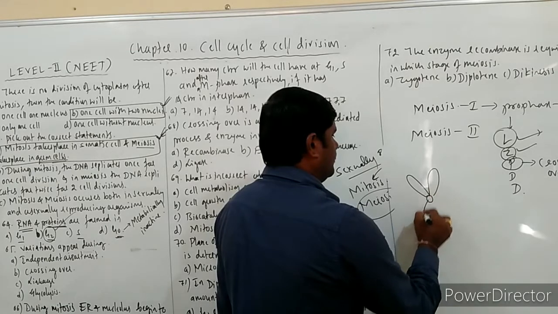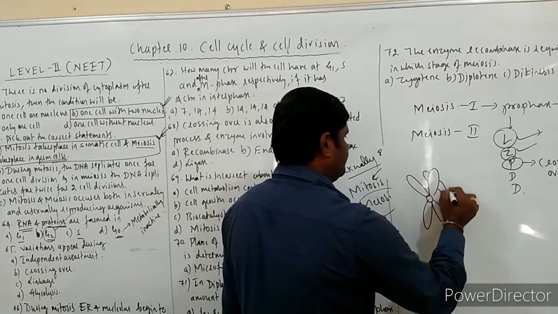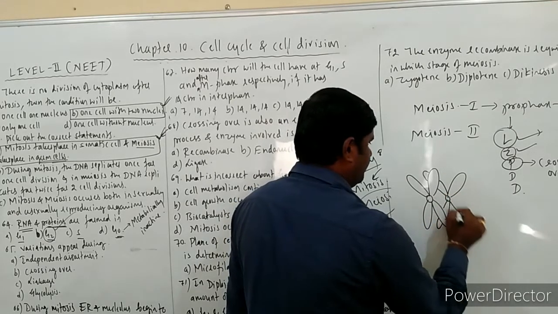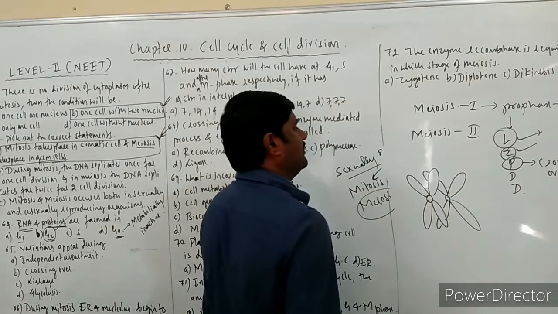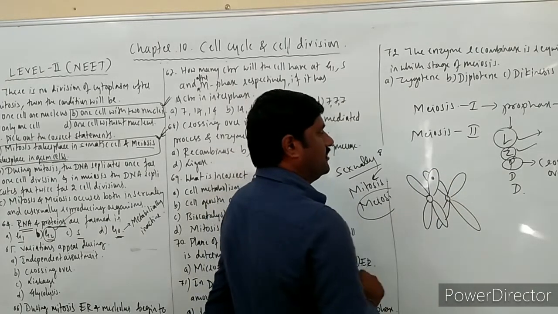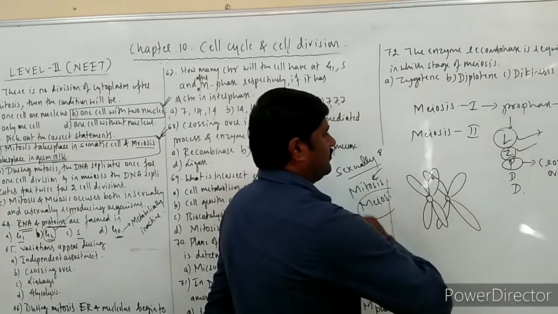See here, this is one homologous chromosome, this is another homologous chromosome. The exchange of the chromatids takes place. Where the crossing over point is, from that point this chromatid cuts over here, this chromatid cuts over here.